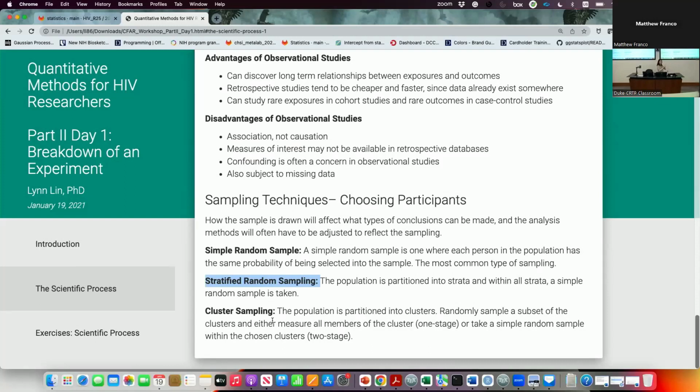So cluster sampling is more preferred if we know ahead of time that the entire population is more homogeneous. It doesn't matter which cluster or subset of clusters I draw, the people will mimic the real population. On the other hand, the stratified random sample is more preferred when we know that the population is heterogeneous.